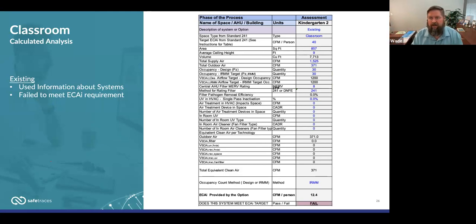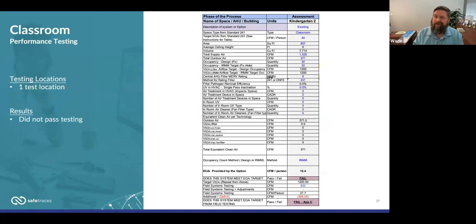And then I think on the next slide, Bill's going to talk about testing this space through Appendix C. Yeah, so you notice that this spreadsheet is all the same, and we've added the testing and evaluation, the aerosol testing part at the bottom.